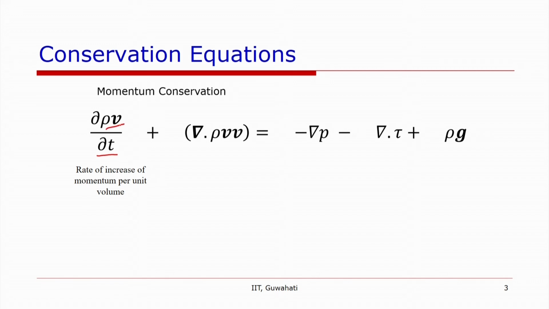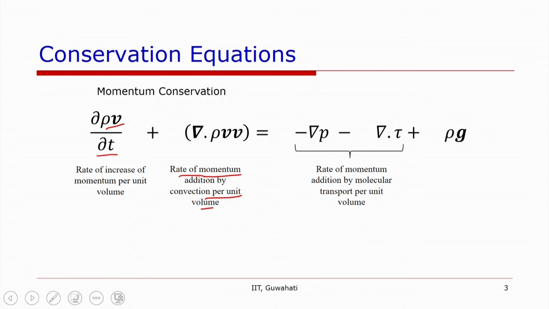The second term is the rate of momentum addition by convection per unit volume. The first term on the right hand side is the rate of momentum addition by molecular transport per unit volume, and the last term is body forces.